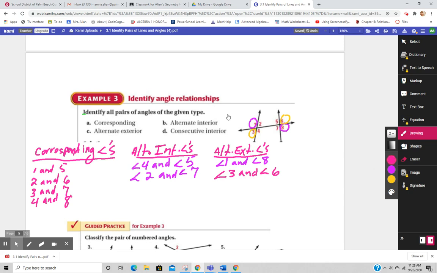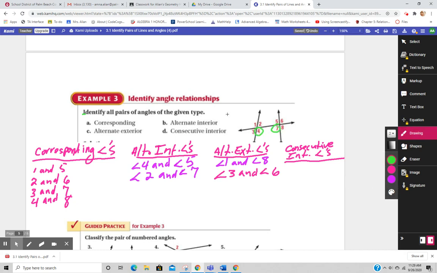Finally, the last special pair: consecutive interior angles. That would be 4 and 7.